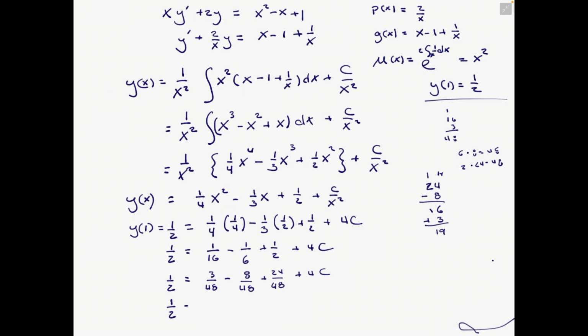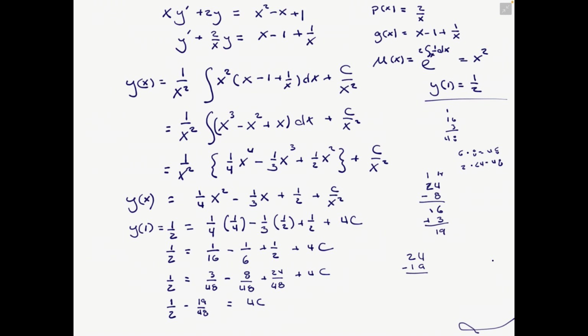So we have 1/2 minus 19/48 equals 4c and 48. So that's 24 minus 19.